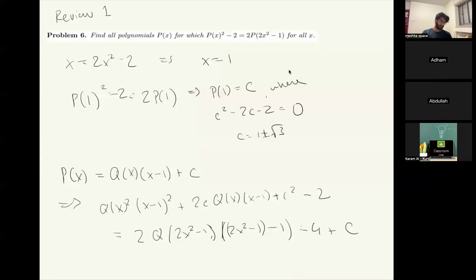Now the nice thing is, what is c? c satisfies this. So actually these terms cancel. I think we should have 2c on the right-hand side. Yes, it's 2c. Yes, I made a mistake. So this is important. Yes, you guys are catching the mistakes I'm making. I'm very bad at doing arithmetic in my head.